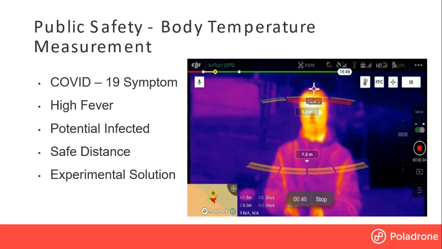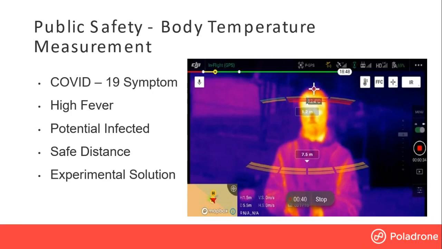As we know, with COVID-19 symptoms, you will have a high fever. So by using drone thermal imaging, you can measure the temperature of the person at a safe distance. As I say, this is an experimental solution. There's no proven or successful case at the moment yet. So this will be used in special cases.